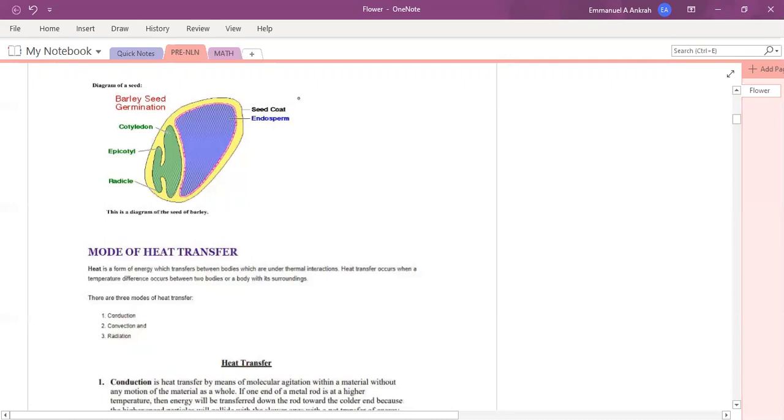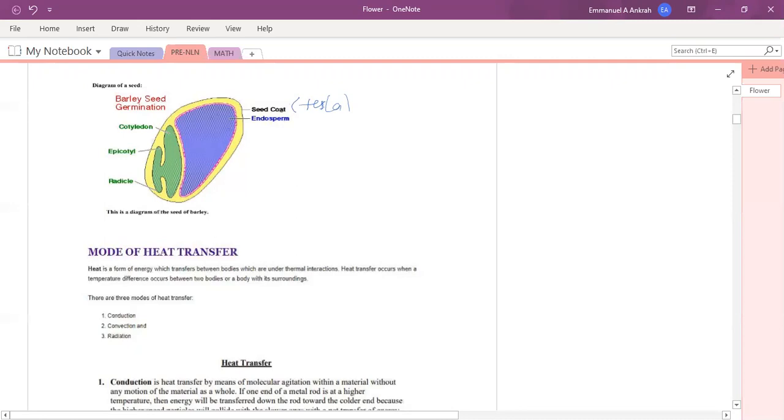Another name for the seed coat is the testa. Okay, seed coat. And then the bulk of the seed, the blue part here, is called the endosperm.